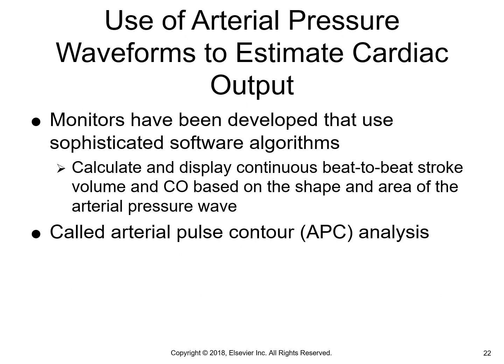Alright, use of their art line pressures to estimate cardiac output, and this is something that I talked about yesterday with that arterial pulse contour, the APC analysis. Okay, so monitors have developed algorithms that help calculate and display continuous beat-to-beat stroke volume and cardiac output based on the shape and area of the arterial pressure wave.